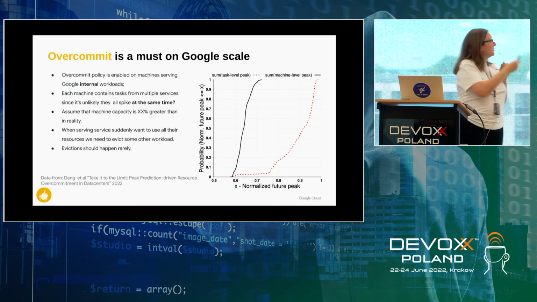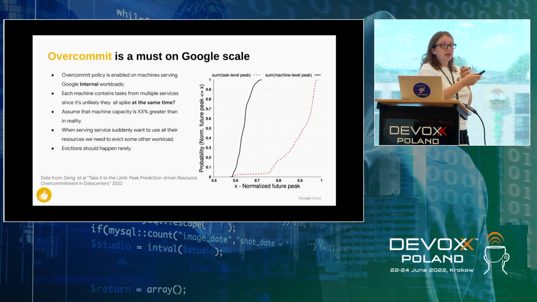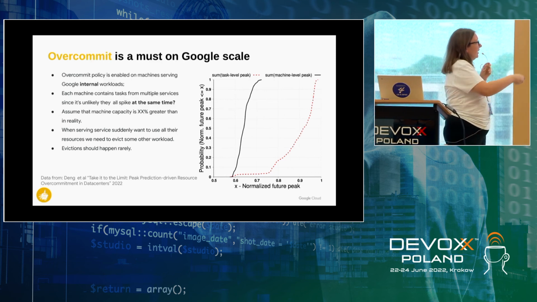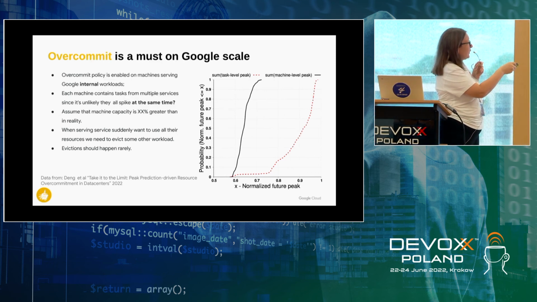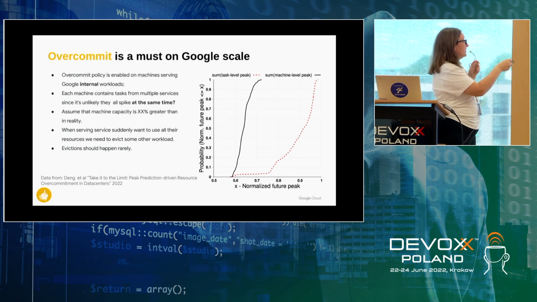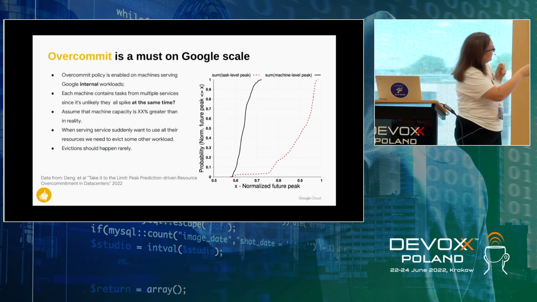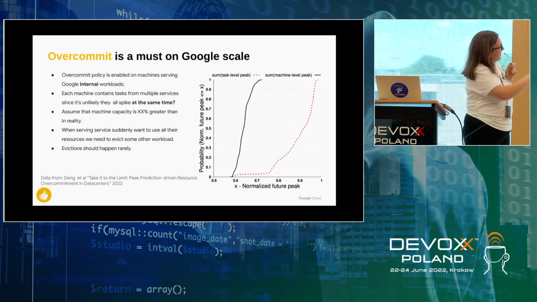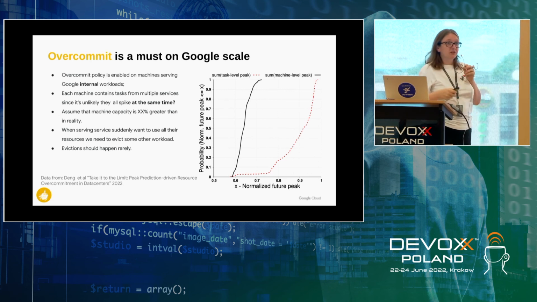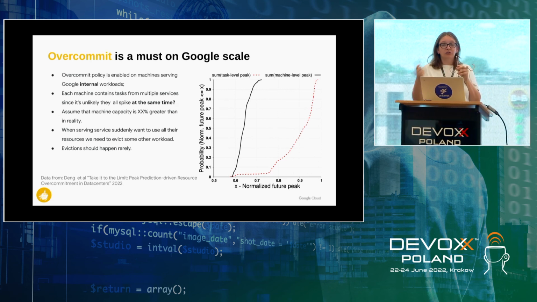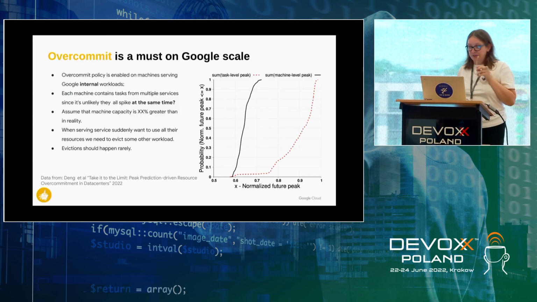Basically, using overcommit, we are able to get much higher utilization. You can see that it achieves maximally like 70%, if you use the sum of peaks.